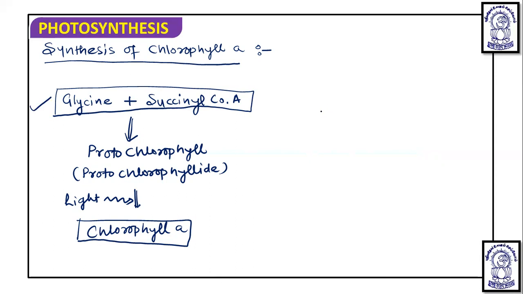Now here, three minerals are also required: magnesium, iron and nitrogen are essential for chlorophyll synthesis.